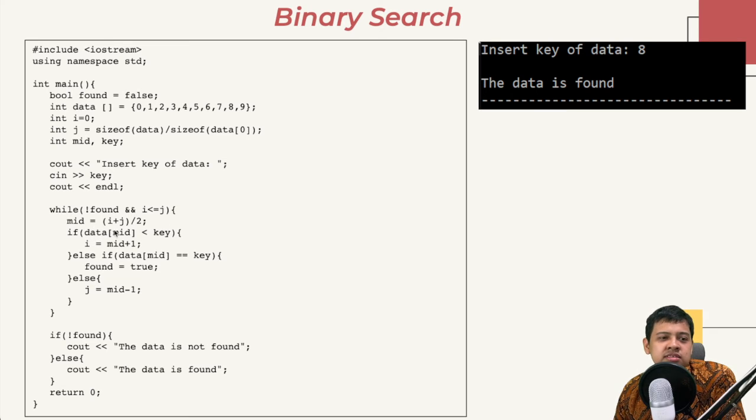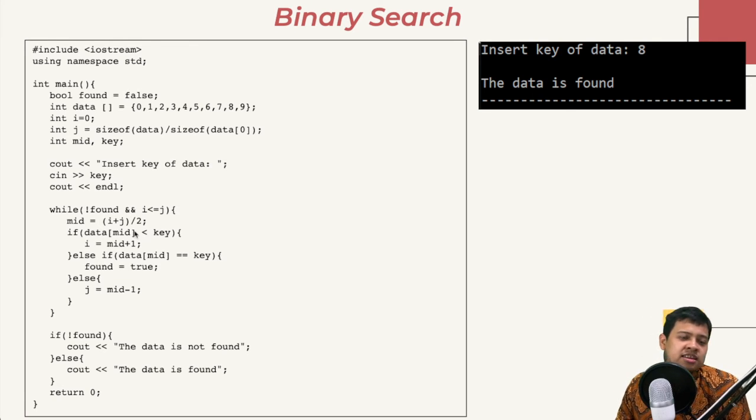Then mid is I plus J divided by 2. So we also have the index pointers for the beginning and the end. We have I over here, and J is at the end of the data, the size of the data. Quite interesting. So mid is the sum of these two divided by 2, and then we find the middle index.